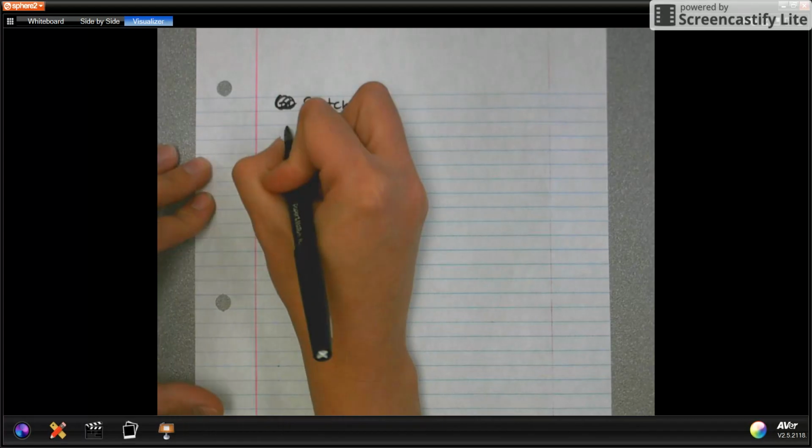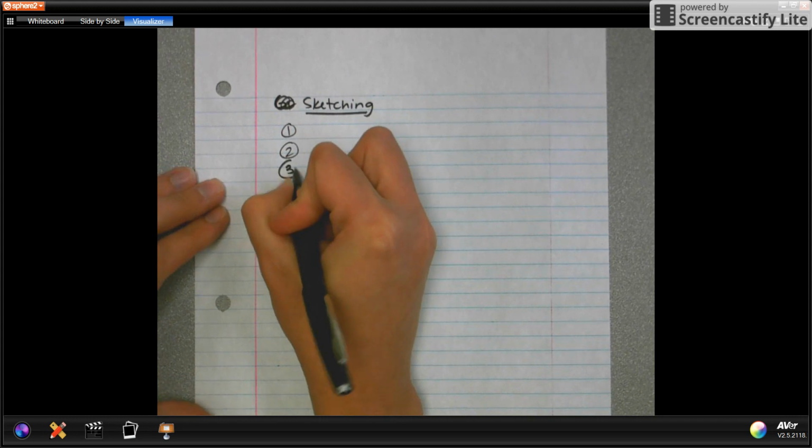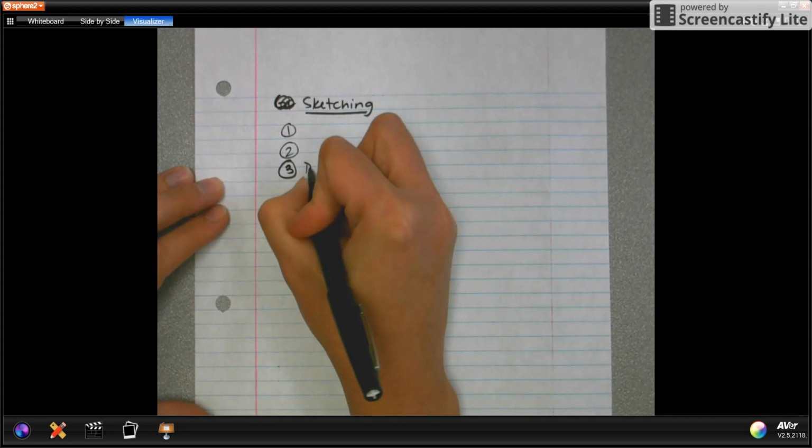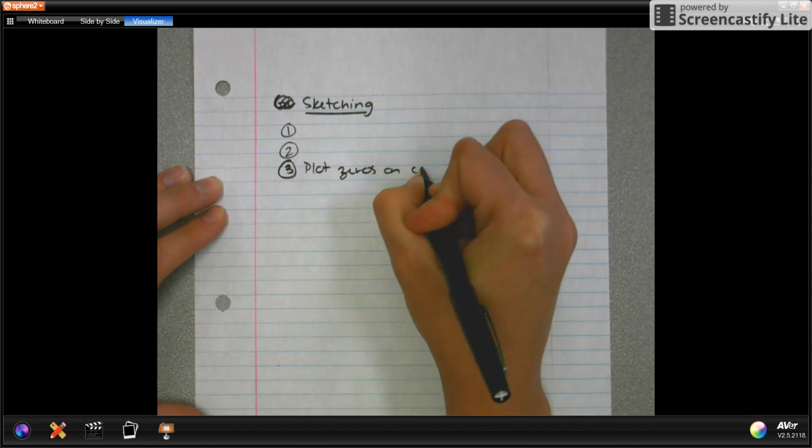The first two steps are the same as with the sign analysis. The only thing that's different is in number 3: instead of plotting them on a number line, we're going to plot the zeros on the coordinate plane.